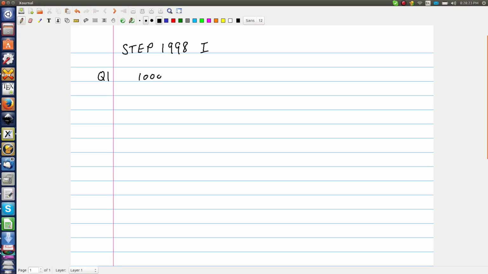So let me just note the bounding numbers here. So we're going from 10,000 up to 100,000, and we're looking to count all numbers which use exactly 2 distinct digits.